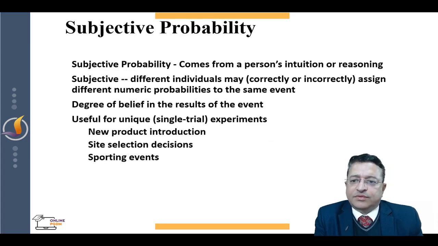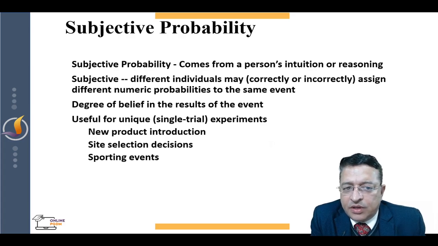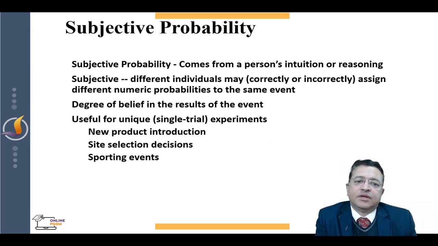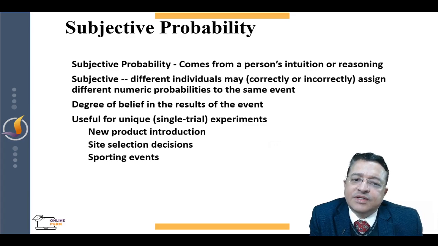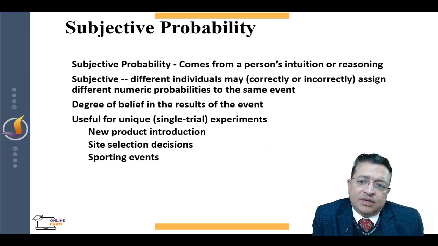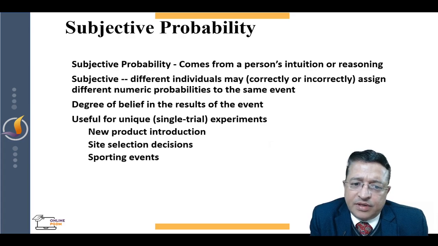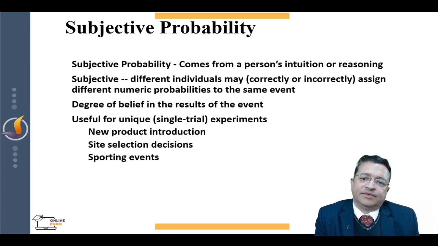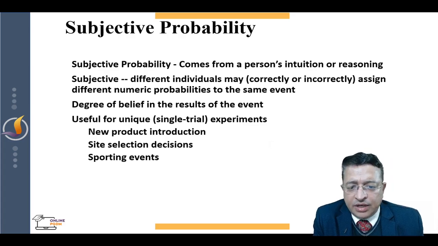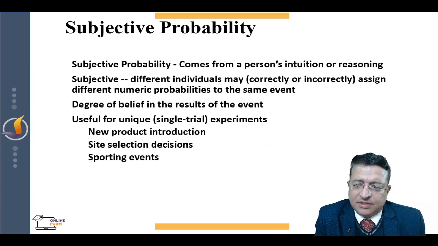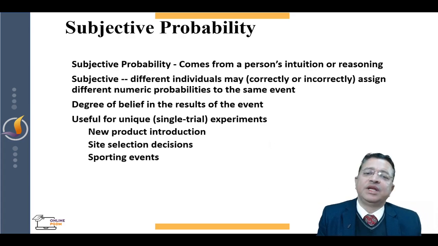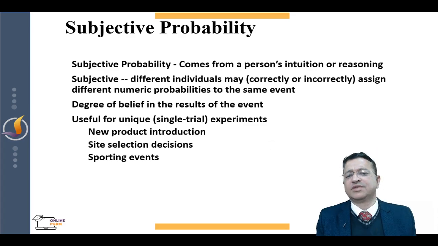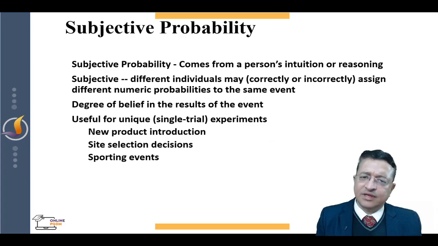Then it comes to subjective probability. In subjective probability, there is a person's intuition or reasoning as well. Sometimes data is not available, so in that case we have to rely on the judgment of an expert. It depends on the person's experience and the information he or she has.